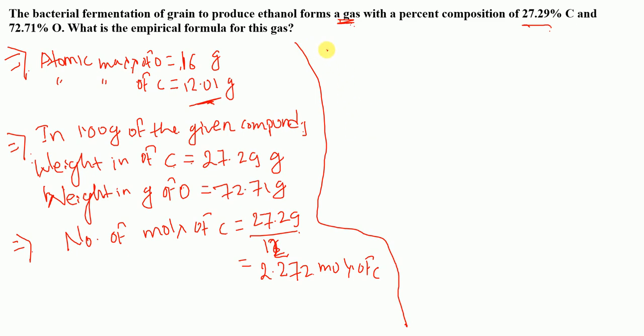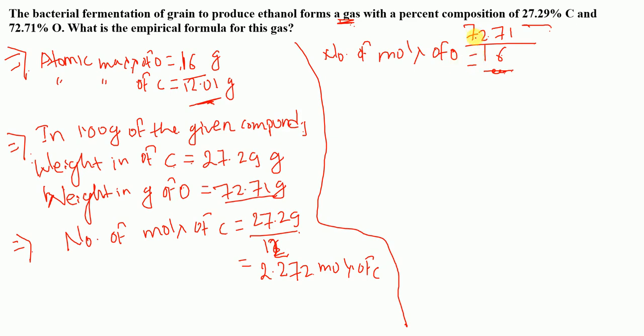The number of moles of oxygen will be the weight in gram divided by the atomic mass of oxygen. The atomic mass of oxygen is 16, and the weight in gram of oxygen is 72.71.